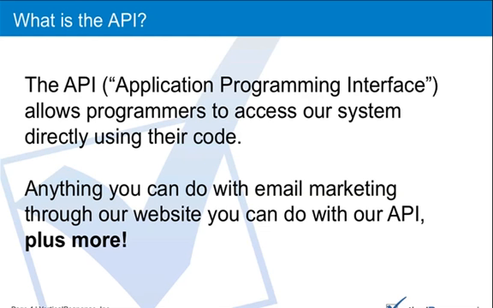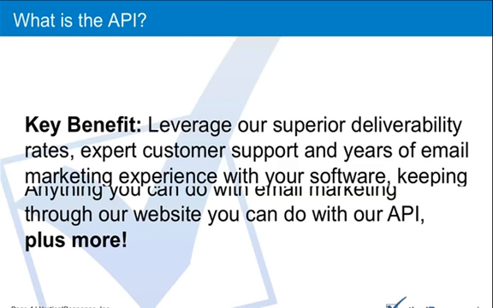So instead of working with buttons and links, you're working with methods and parameters, and you're interfacing with it directly using code method calls. The most important piece to walk away with is that anything you can do with email marketing on our website, you can do with our API, and so much more, especially when you integrate it with your existing data, your existing databases and your existing processes.